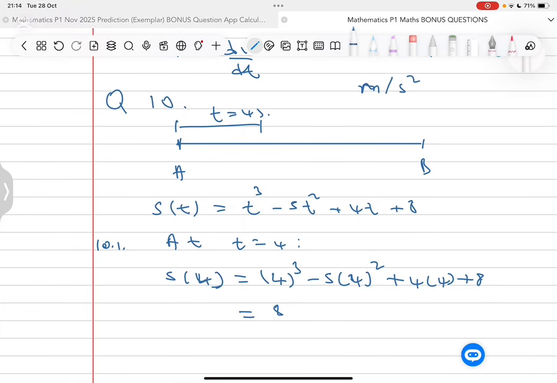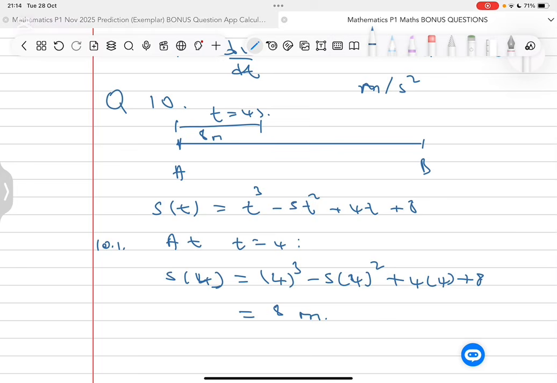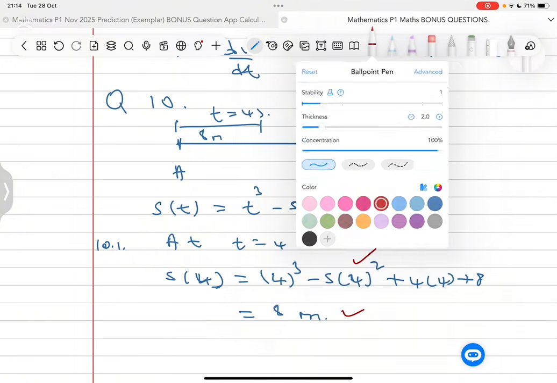But remember, this is the distance or the displacement, so that means it will be measured in meters. So this means the distance from here to here will be 8 meters. So this would be like 8 meters after 4 seconds. And this is just 2 marks really. They will just give you a mark for putting in the t values, or rather your time, and getting the final answer.